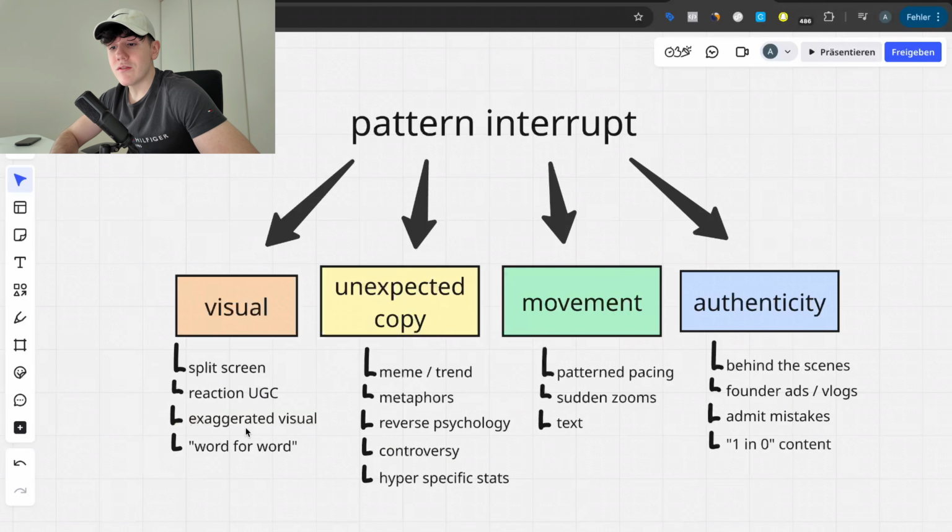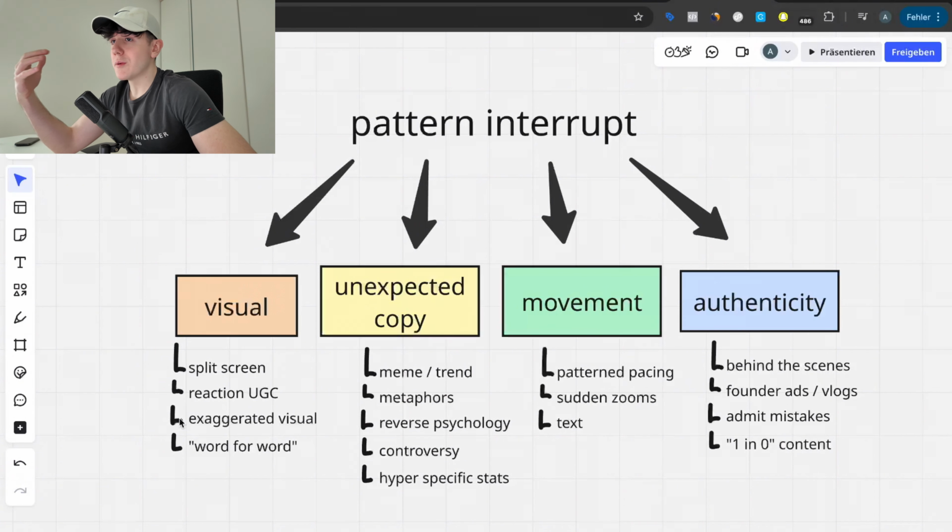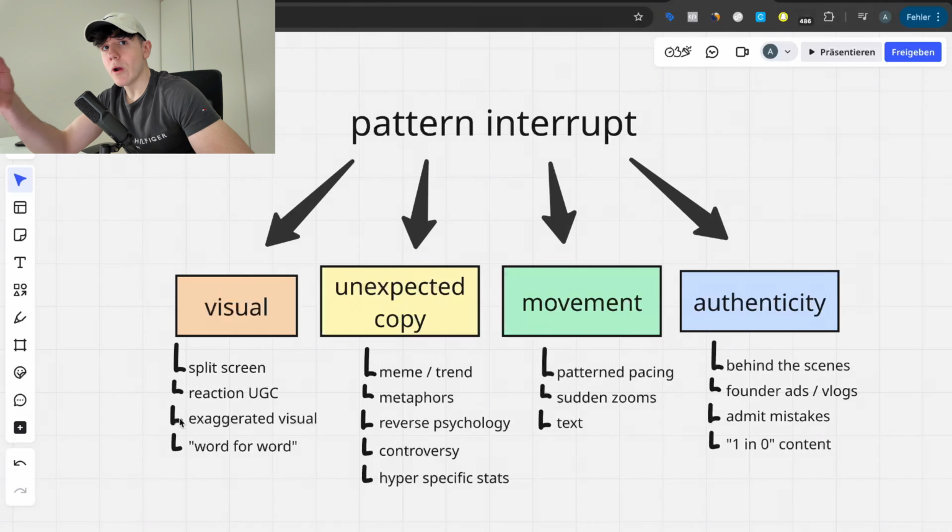Now we have exaggerated visuals. What is that? Exaggerated visuals means that if you say something, for example, disgusting, if you say the word disgusting, then you actually show someone throwing up or something super disgusting. If you show something beautiful, you actually exaggerate it, like the most beautiful nature or person or whatever you can imagine, and you actually show it, right?